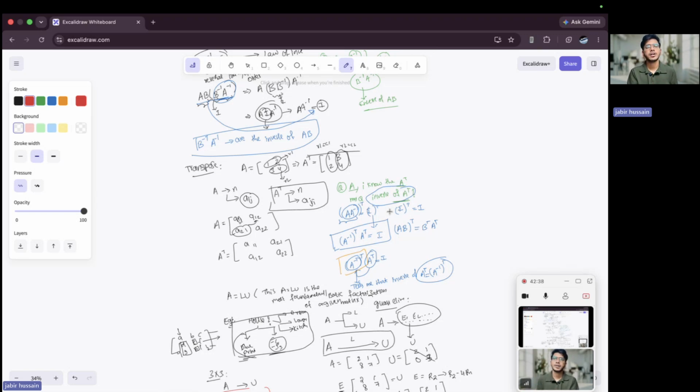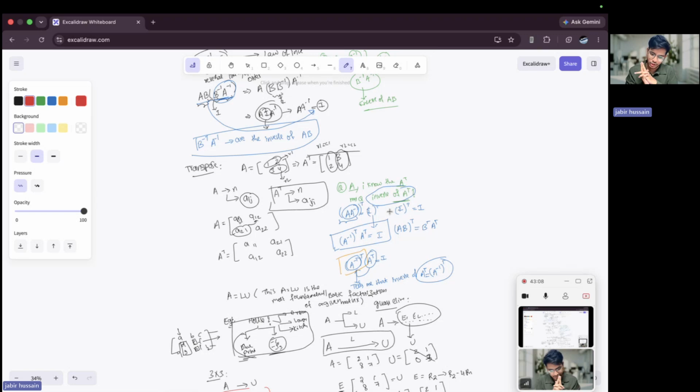The house can be built from the blueprint and some foundational elements. Similarly, you have a big matrix, and that big matrix comes from LU. L is the record book, which exactly tells what eliminations you did to get U, and U is the basic form of that matrix A.